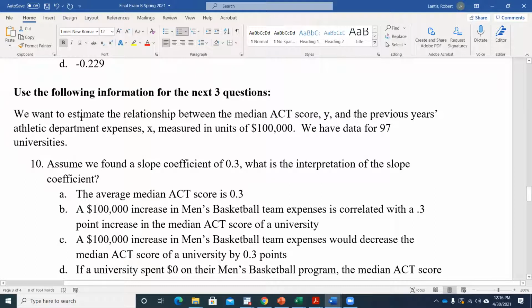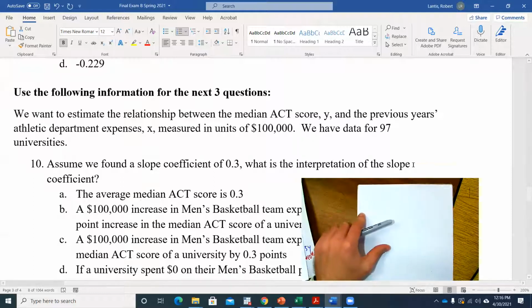So we still want to estimate. We've got ACT scores as our Y variable, and our X variable is expenses. We didn't really have an example that looked too much like this, but I'll go through it and hopefully it'll make everything make a little more sense.